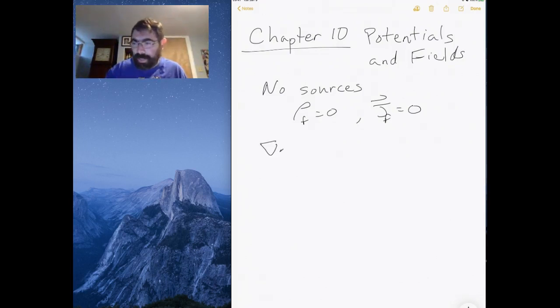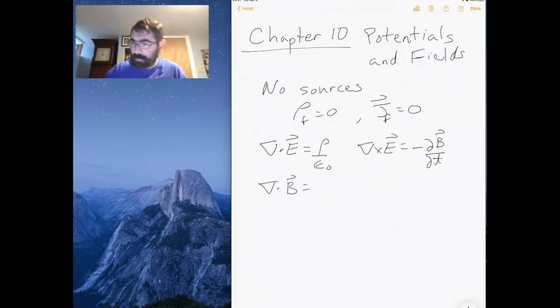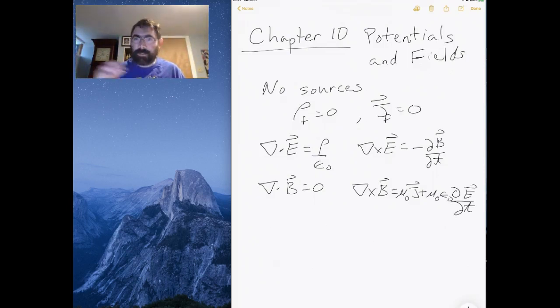So I can write down Maxwell's equations. Okay, so these are the four Maxwell's equations.